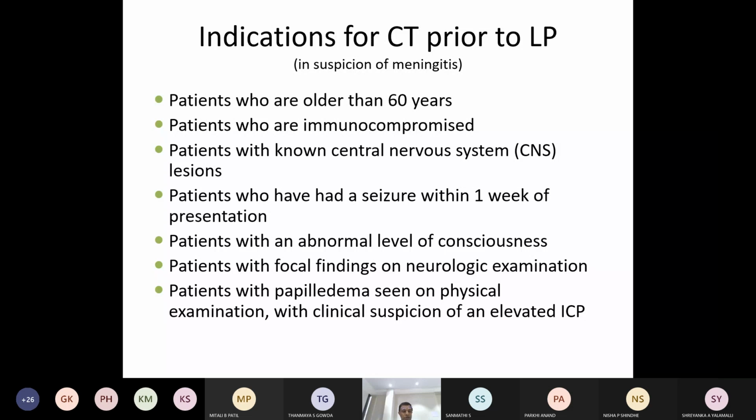Many such manifestations you will find with long-term, untreated infections that went to the brain, crossed the blood-brain barrier, and lead to unconsciousness. We do CT for patients older than 60 years, immunocompromised patients, patients with central nervous system disease, patients who have had seizures within 1 week of presentation, patients with an abnormal level of consciousness, patients with focal findings on neurological examination, and patients with papilledema seen on physical examination, with clinical suspicion. This CT we have to do prior to LP.